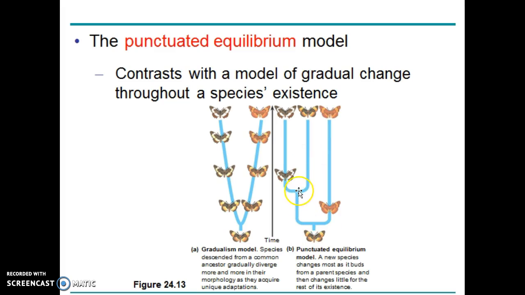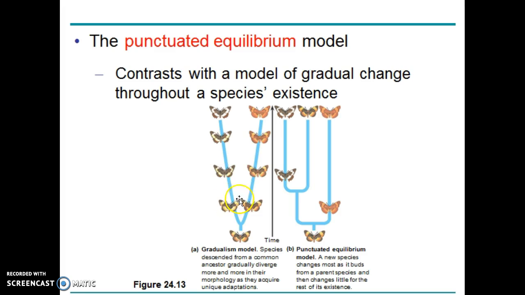Sometimes this species could diverge into two species, but once again, it's around for a long time. And the length of these lines indicates that the organism was unchanged for a good period of time. So the longer these lines on these trees tend to be, that does indicate that no change has occurred.